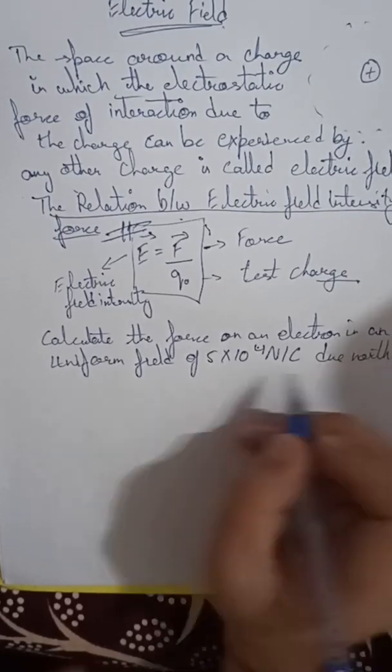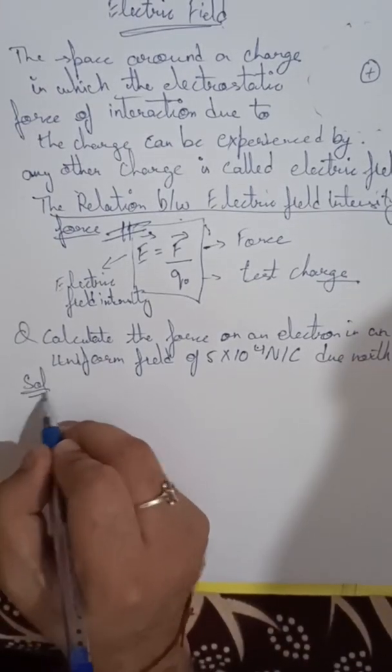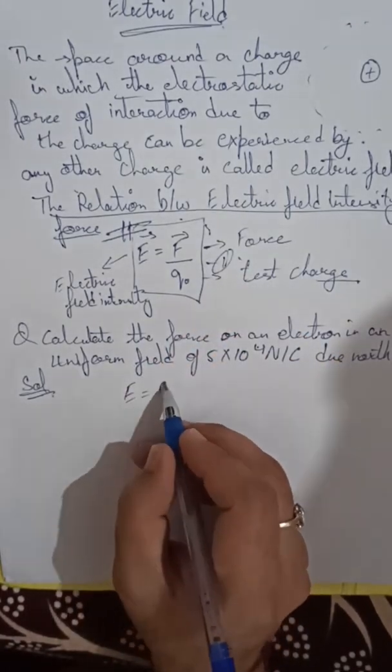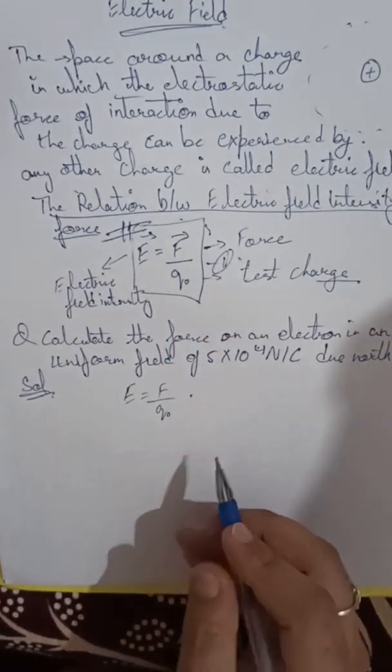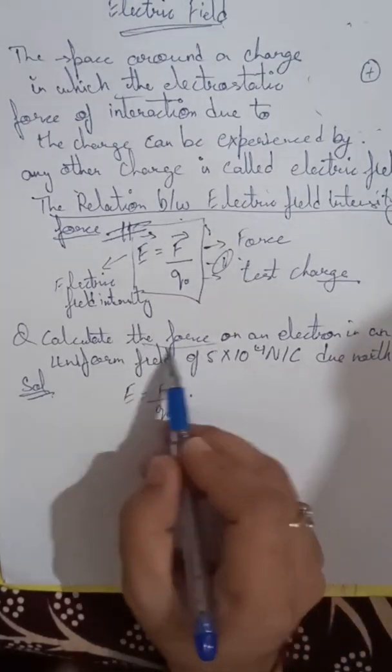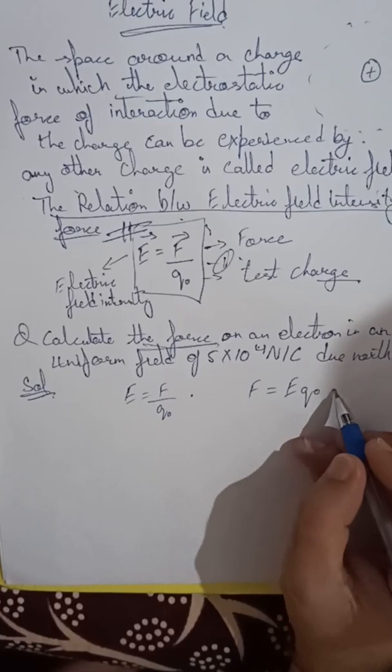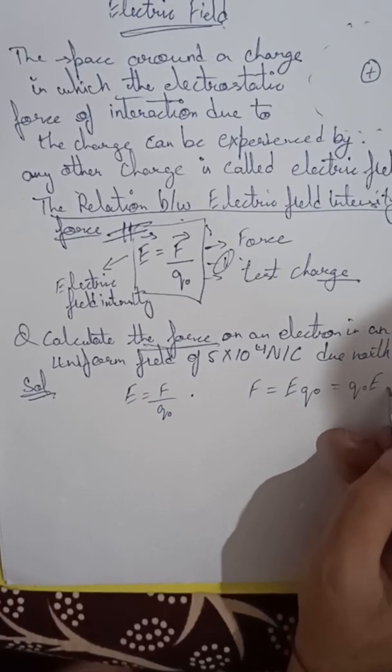Due north means the direction. So we can use this equation, E is equal to F upon Q0. From here what we have to find? The force. So F will be equal to E into Q0 or Q0 into E, whatever you write.